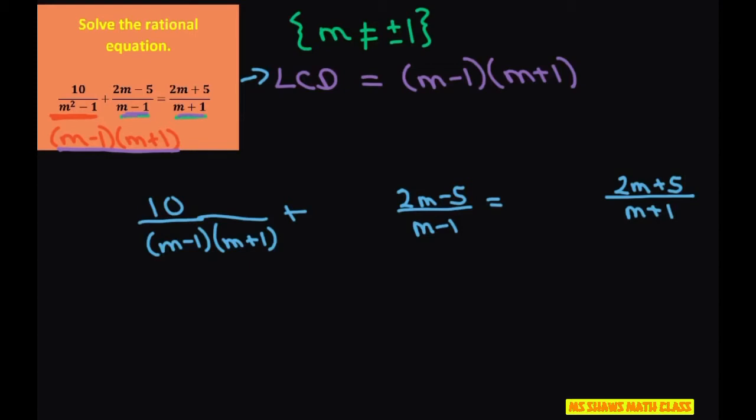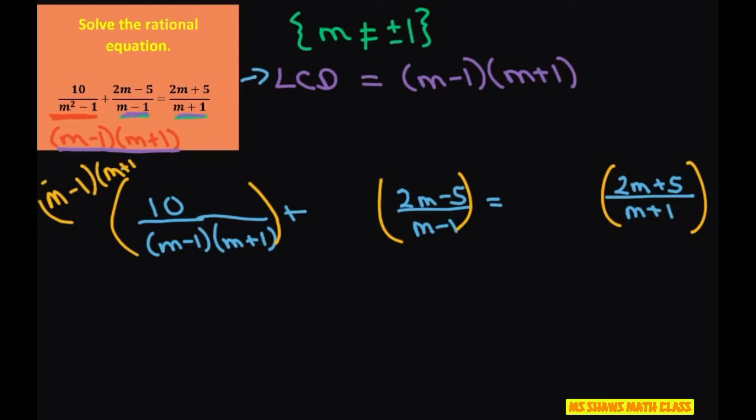And I split that up because I'm going to multiply each of these terms by my least common denominator, my LCD. So you have m minus 1 times m plus 1, m minus 1 times m plus 1, m minus 1 times m plus 1.